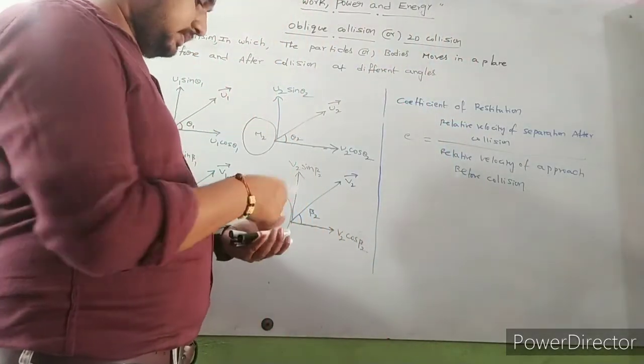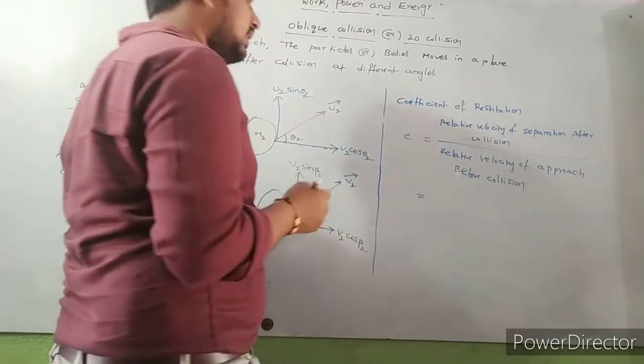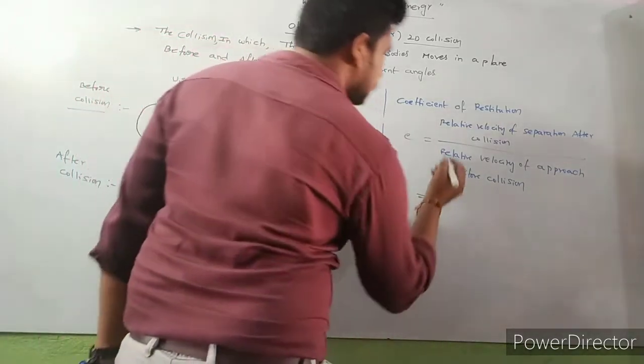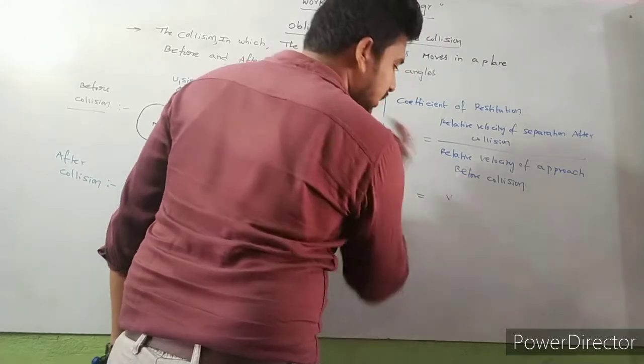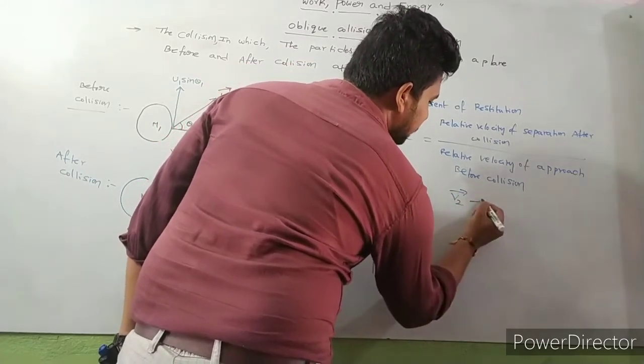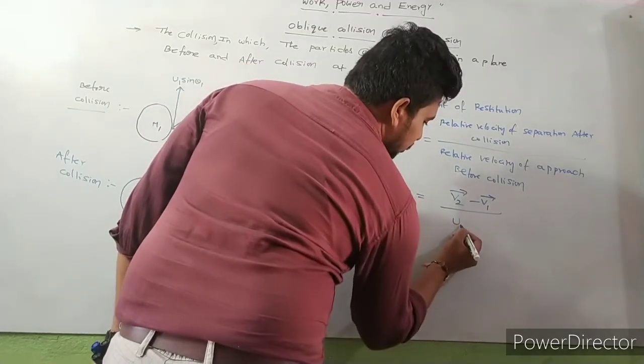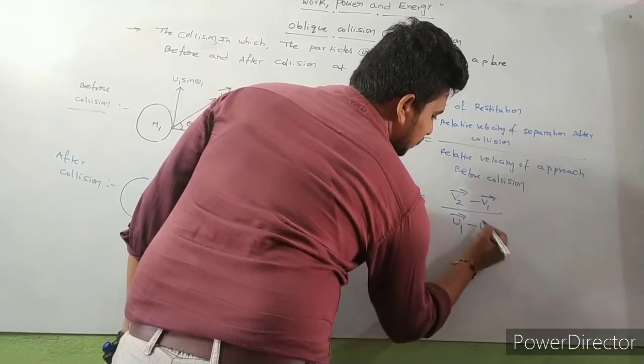So the relative velocity of separation after collision is v2 bar minus v1 bar, divided by u1 bar minus u2 bar.